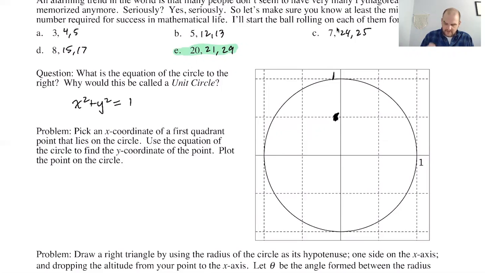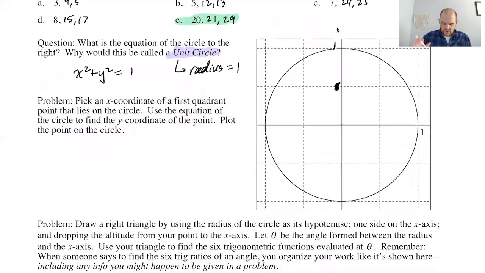It is called the unit circle because the radius is 1. It's not because the area is 1, which I feel like would be a very good reason to call something a unit circle. Not the case. It's because of the radius. So that's our equation.